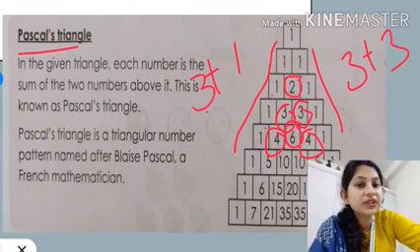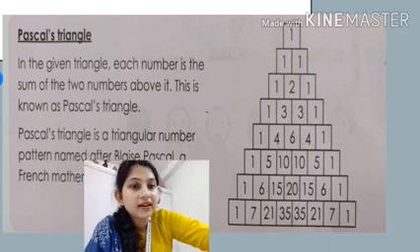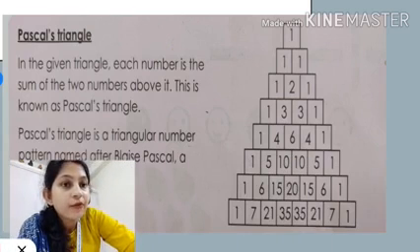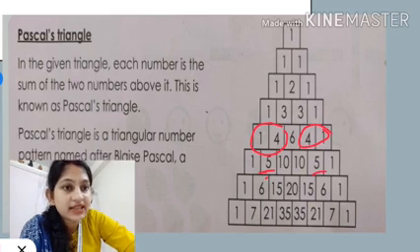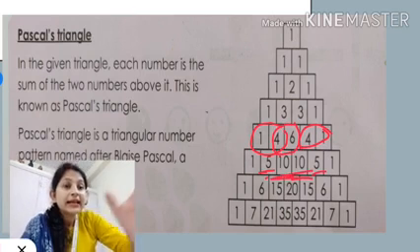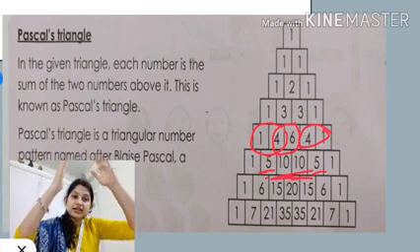Now let's move a little bit more. Now see this one. 4 and 1. 1 plus 4 is 5 here. Similarly, 1 plus 4 is 5 here. Got it? Now 4 plus 6 is 10. Like that the triangles are increasing.